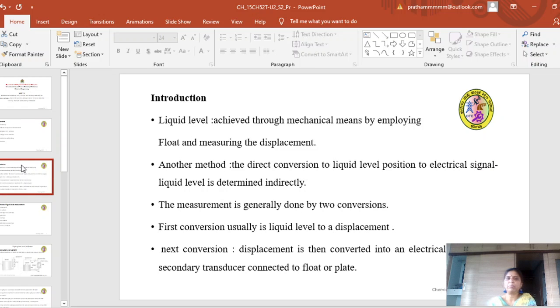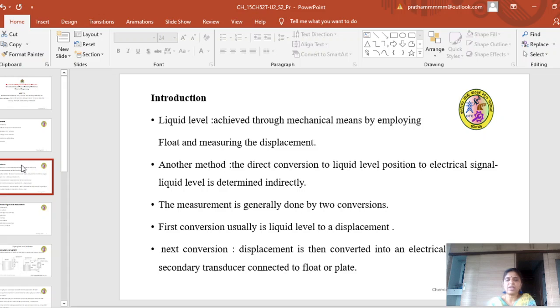What do you understand by the term liquid level? For example, if you have taken water or any liquid and put it in a container, you want to know the level of the liquid in that particular container, whether in terms of the measurement, you will measure by 250 ml or 500 ml like that. But what is the level?